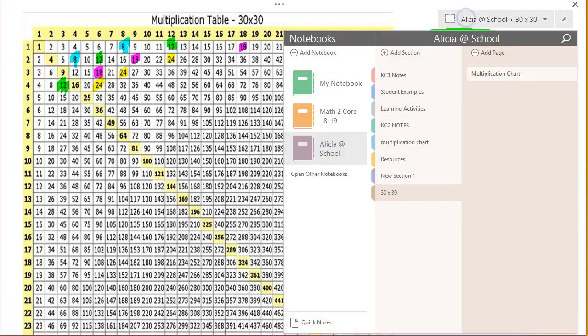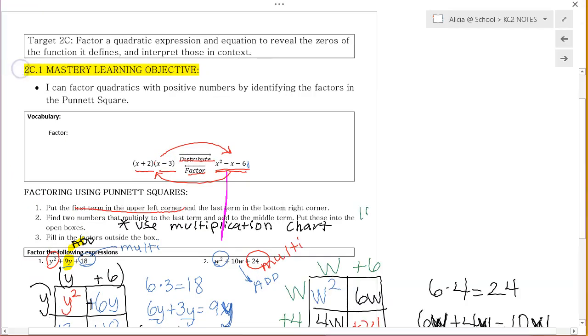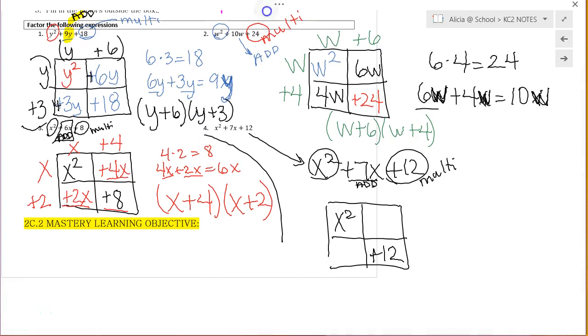So I'm going to go back to my notes here. Scroll up a little bit. And then I see that I had 3 times 4, right? That equaled 12, which is what I needed. And then I said 3x plus 4x equals 7x.